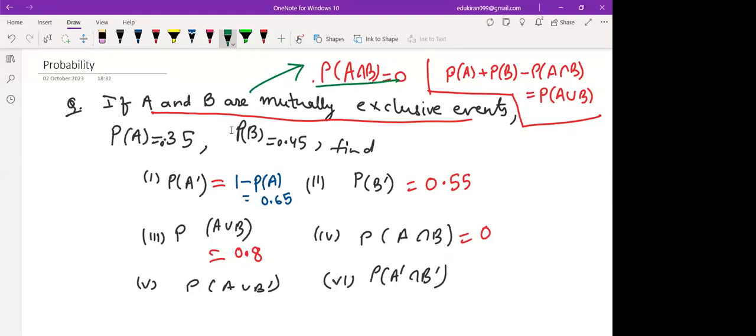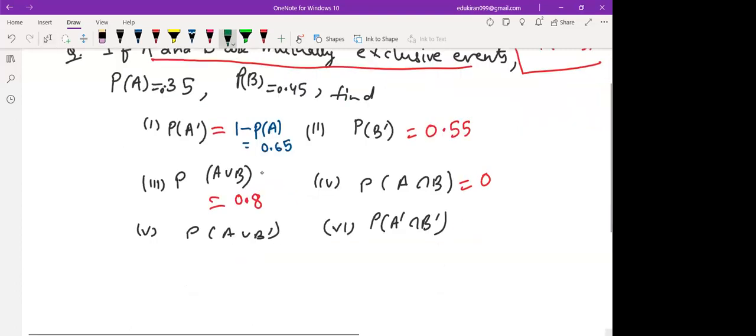Now, P of A union B complement would be equal to P of A plus P of B complement minus P of A intersection B complement.